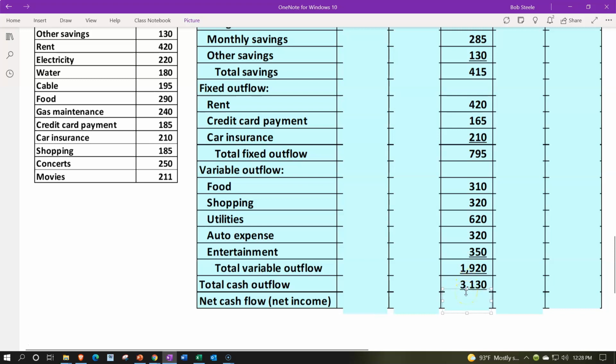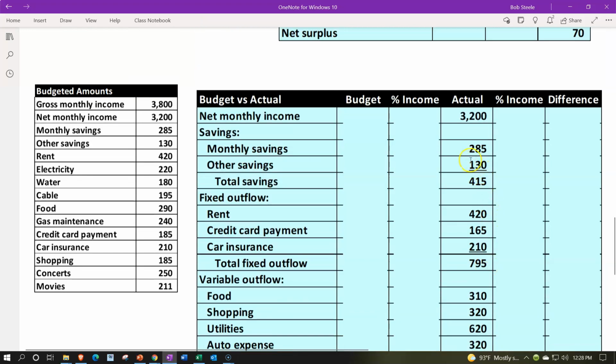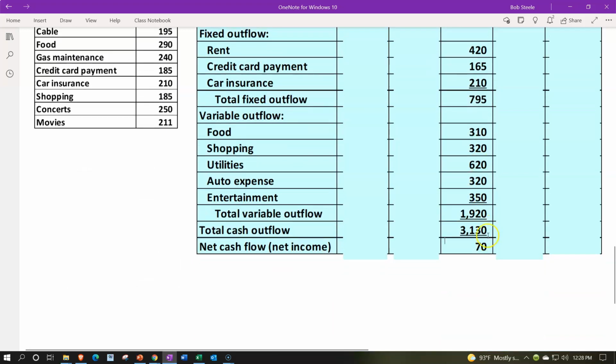Then we had the total cash outflow, which would be the total fixed outflow, the $795, and the variable $1,920 to give us that $3,130 for the total. Then the net cash flow, which we're going to say is the $3,200 up top minus the outflow of the $3,130.